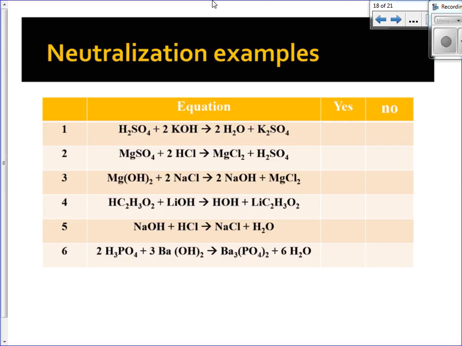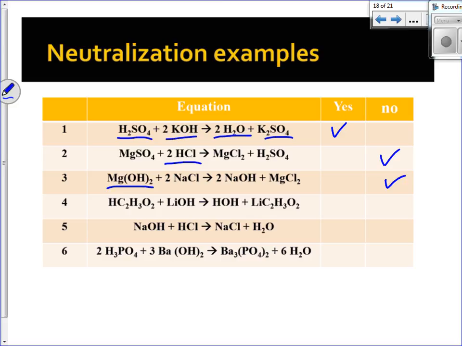Number 1, is that neutralization? Yes, because we see acid, base, water, and salt. How about number 2? No, good. You see the acid here, but do you see the base or the water? No, so that was just a regular double replacement. How about number 3? You see the base, but no water, no acid. How about number 4?